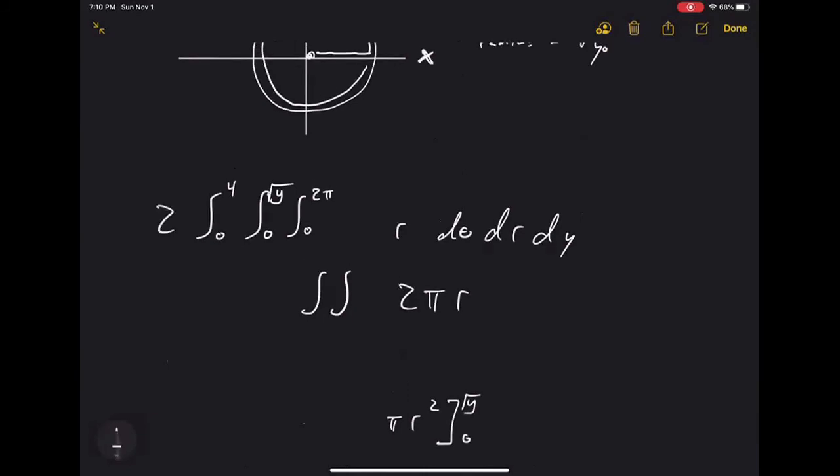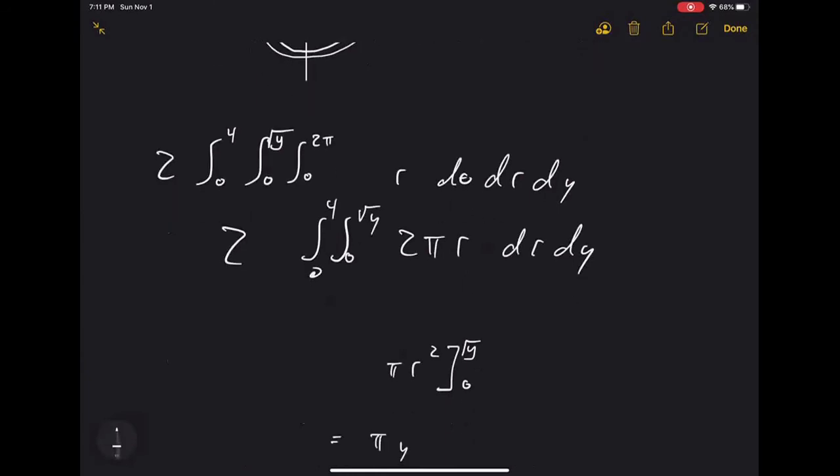Okay, so we have another 2 out here. So I integrate in terms of theta, and I get 2 pi times r. And then I have dr d theta.